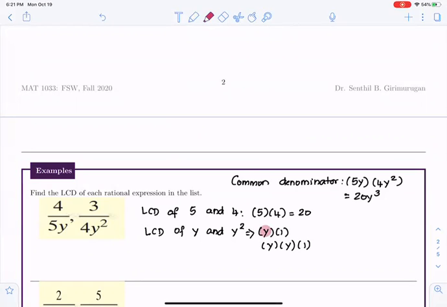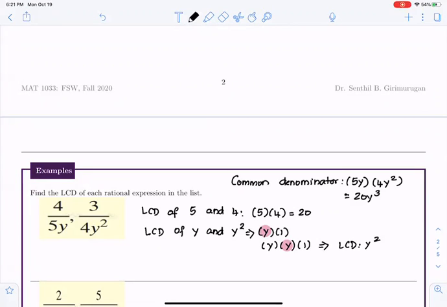y is in the next expression, and the only way we could get a common multiple is if we had y squared. So the least common denominator for those two would be y squared. So the LCD of 5 and 4 is 20.